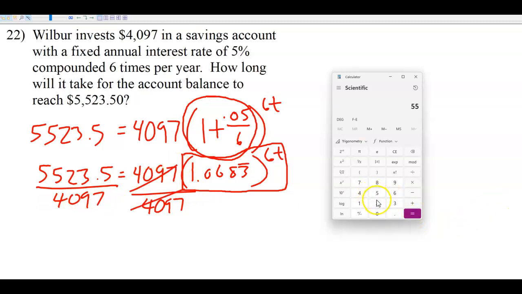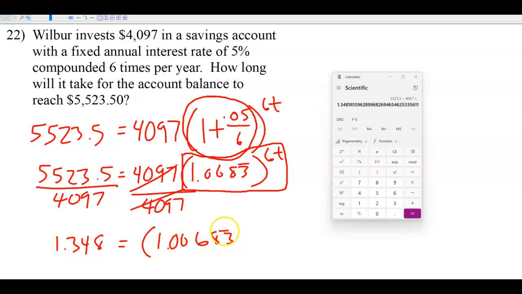So 5523.5 divided by 4097. And I get 1.348 there. Oh, that's not a 6. Let me rewrite. That was supposed to be a 0, my bad.